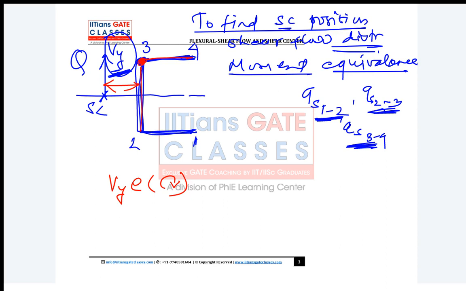This QS 2 to 3 and QS 3 to 4 are passing through point 3, so what will be the contribution due to these shear flows if you take the moment about point 3?